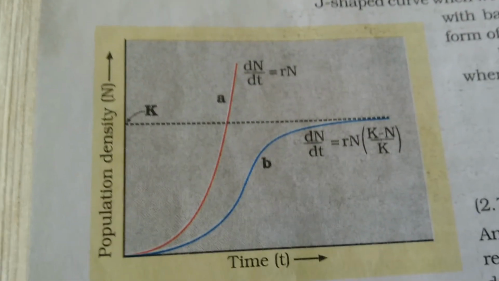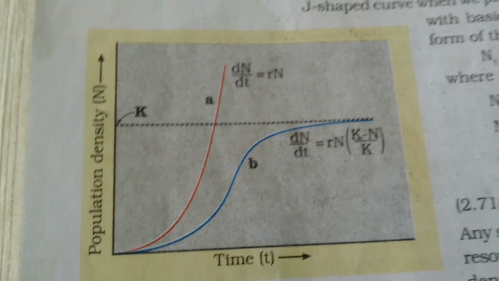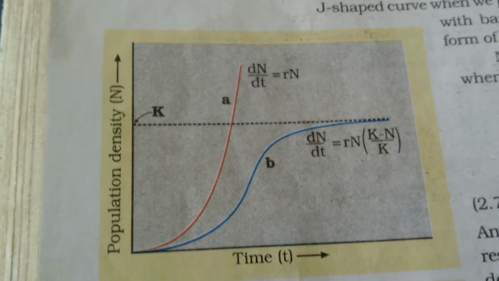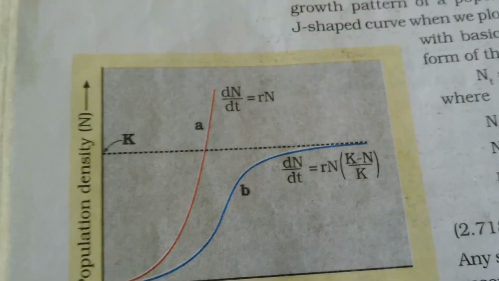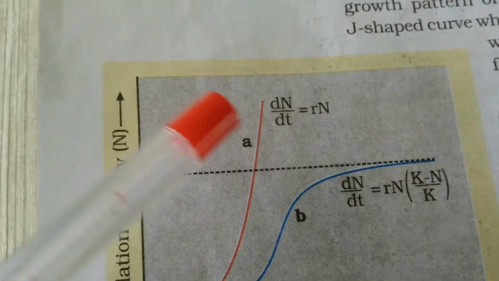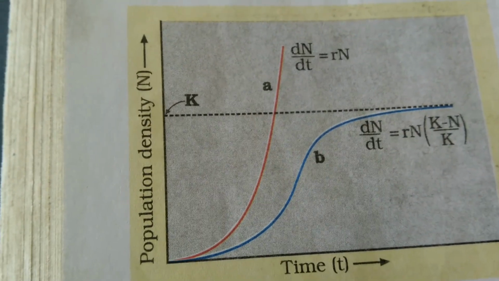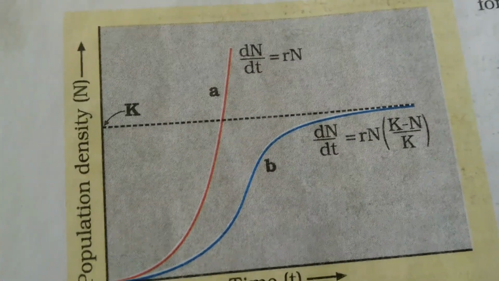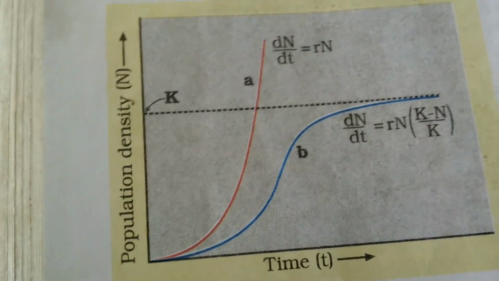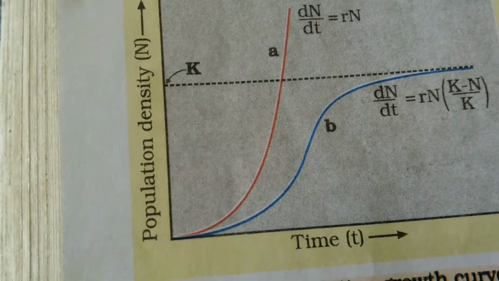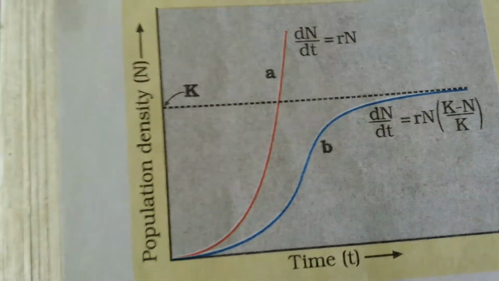There are two different types of growth models: the exponential growth model and the logistic growth model. The equation of the exponential growth model is dN/dt equals rN. That equation is called the exponential growth equation. Exponential growth produces a J-shaped curve.